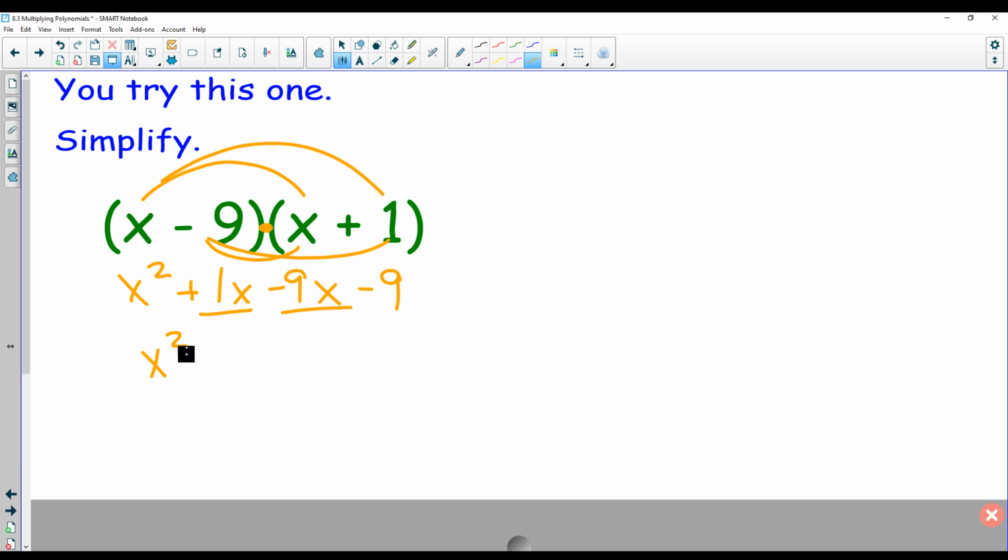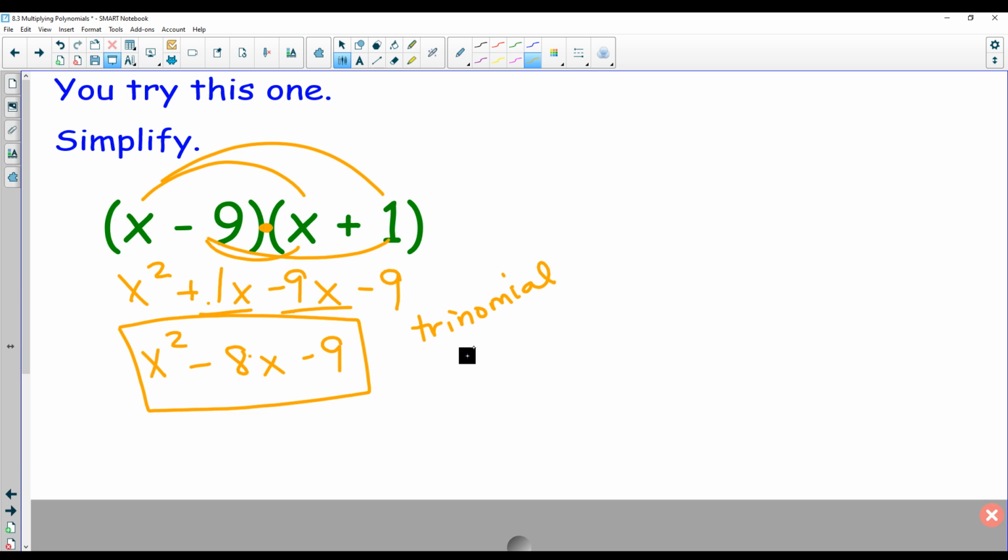So we have x squared minus 8x. So now we are adding those terms together, and minus 9. Okay, so this would be a trinomial with a degree of 2. Okay? All right, so a binomial times a binomial gave us a trinomial this time because we had like terms in this.